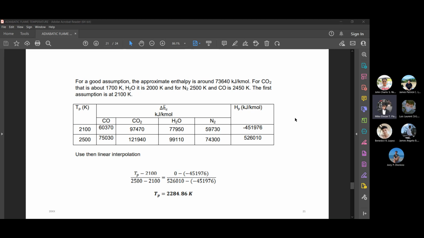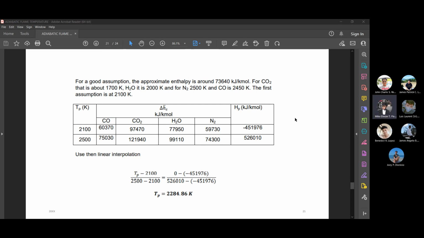Water is at 2,000 Kelvin. Nitrogen is at 2,500 Kelvin. And carbon monoxide is at 2,450 Kelvin. The first assumption is at 2,100 Kelvin, as can be seen below, and the last assumption is at 2,500 Kelvin.